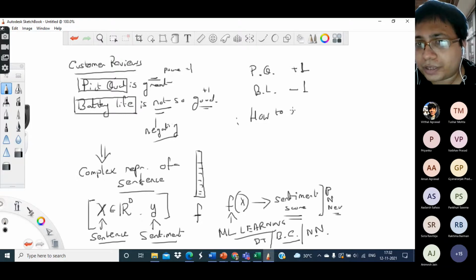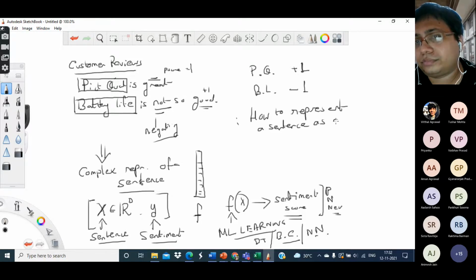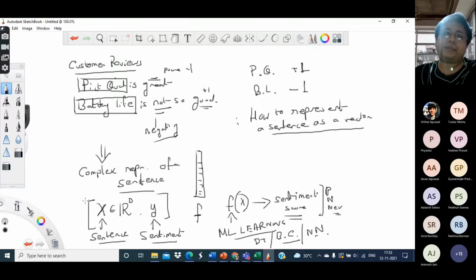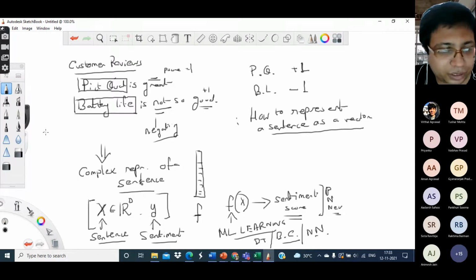How to represent a sentence as a vector? You may be tempted to say something like this: we know that every sentence is a sequence of word tokens, so why not do this? Every word token maps to one word in the vocabulary. Suppose there is a sentence: the door was open.